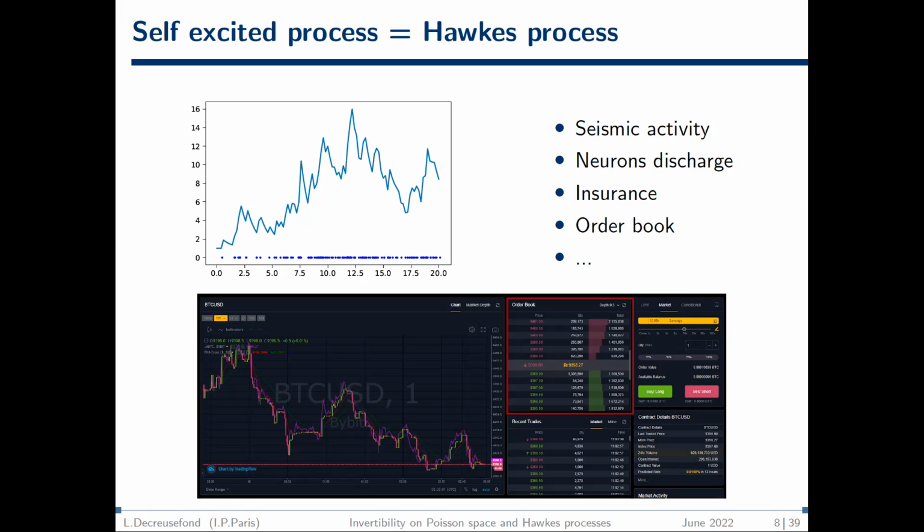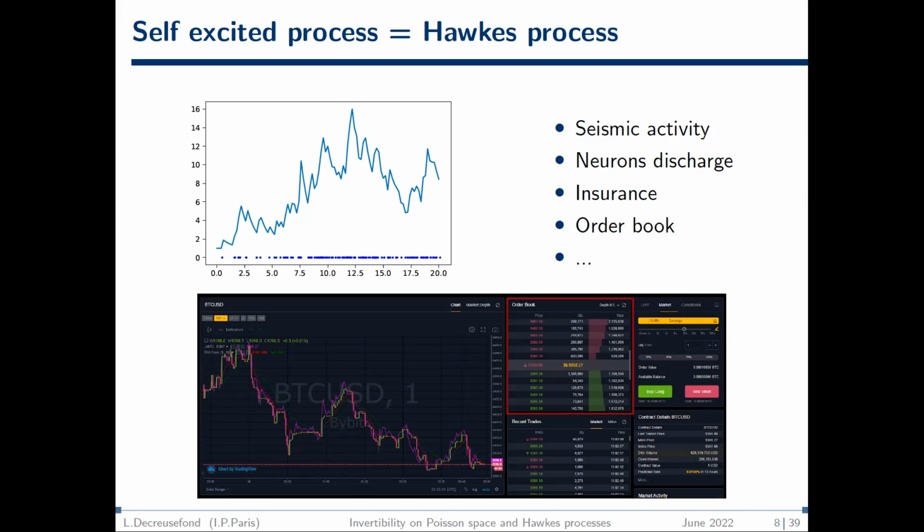You have some other situations in which it is used. Neuron discharge: a neuron has a potential, and when its potential is above a given threshold, it discharges, and the potential goes back to the base potential. When a neuron fires, it increases the potential of its neighboring neurons.